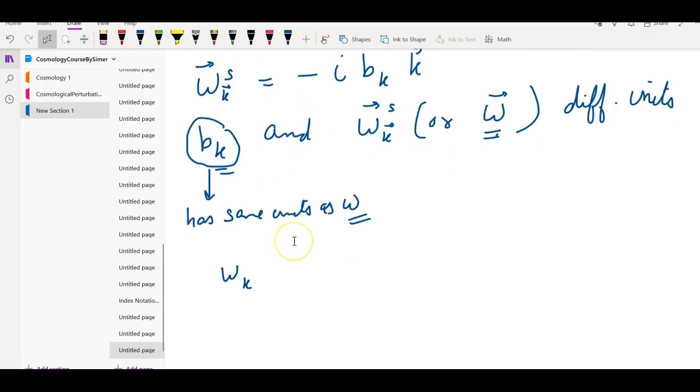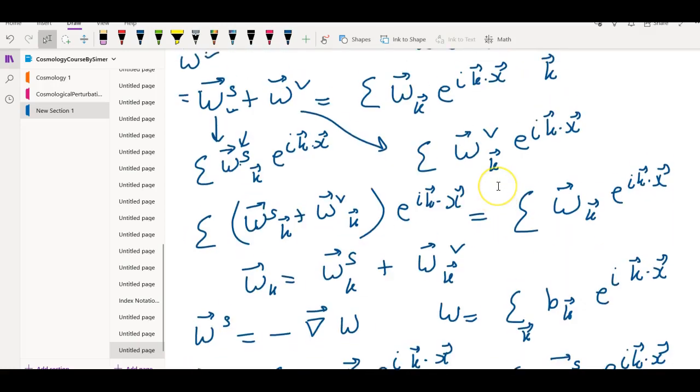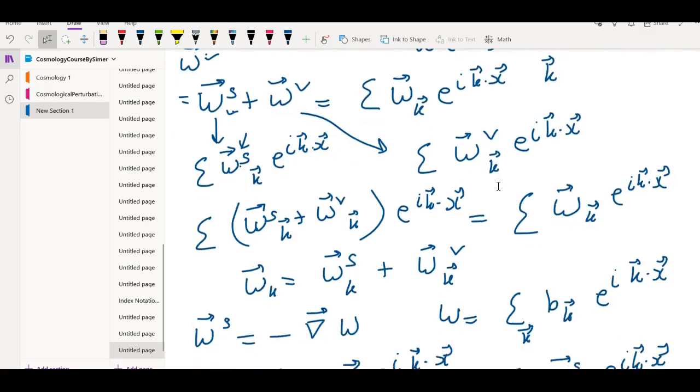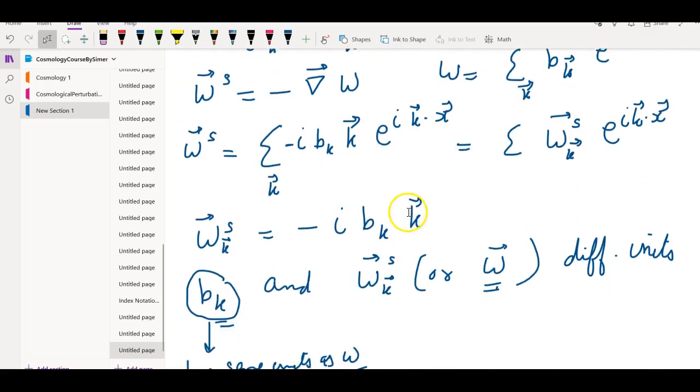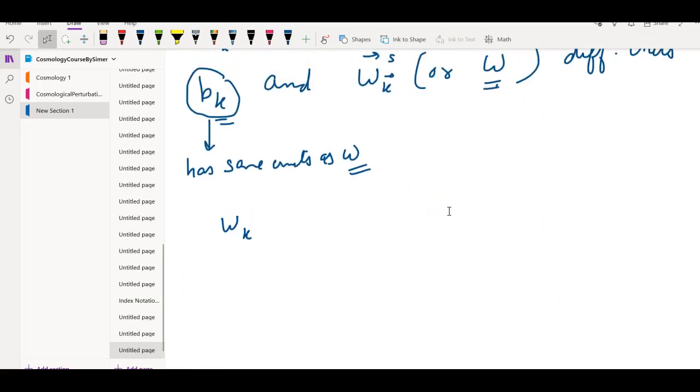So what is B_k? B_k is the coefficient of the Fourier expansion of the scalar potential. So the scalar potential is expanded in terms of B_k like this.